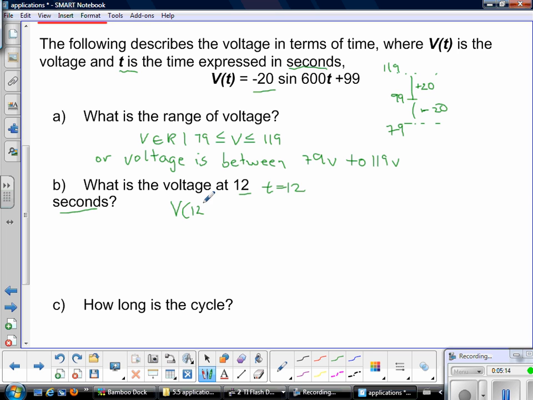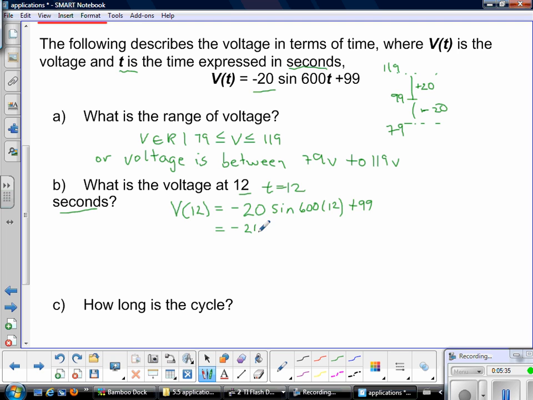So this is from one of our earlier units. Negative 20 sine 600 times 12 plus 99. Now, really important that you're taking the sine of this angle, not just of 600.